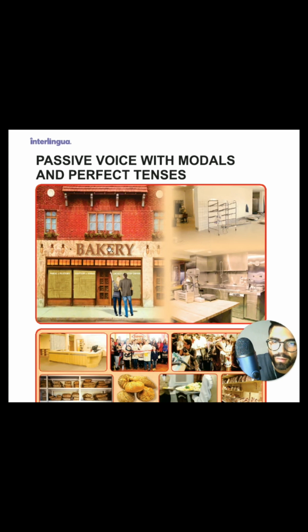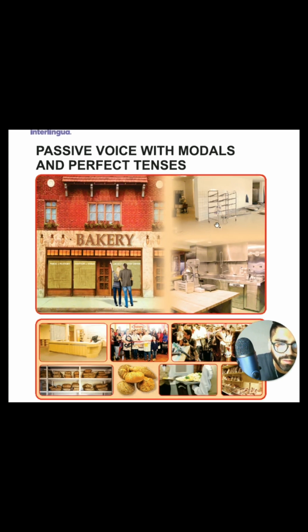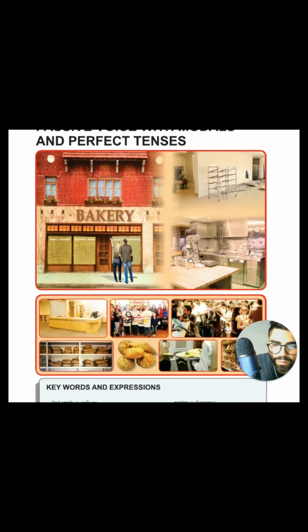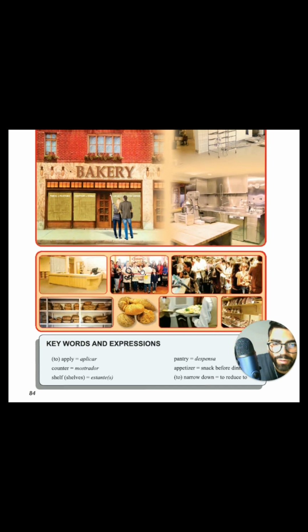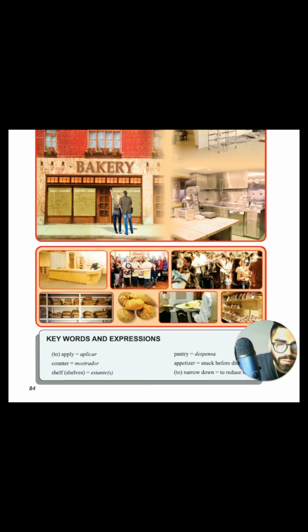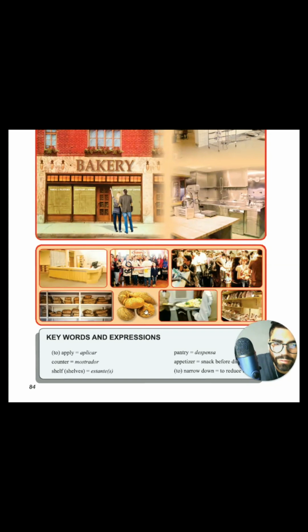I think the bakery is like a kitchen, and we have here I think someone opening a new business, some people, some food, and the keywords and expressions to apply.